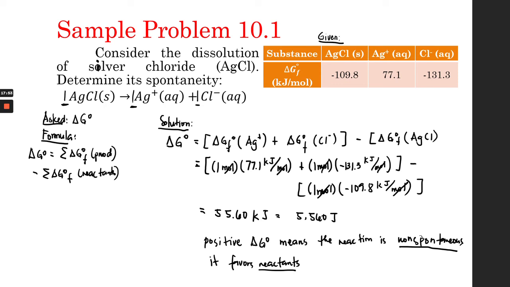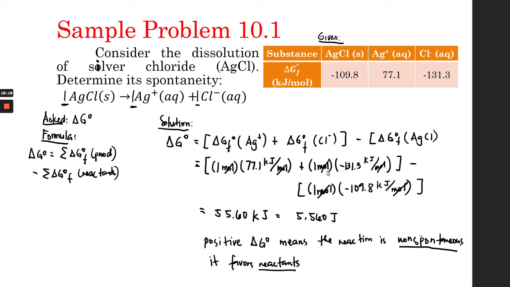So I hope that is clear. If you guys have any questions, just message me regarding this problem. But I hope it's clear on how to measure it and how we arrived at this solution and this equation. Again, this is just one of the equations that you can use for delta G, the standard free energy change.